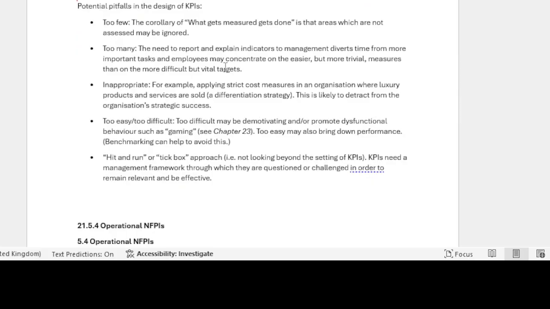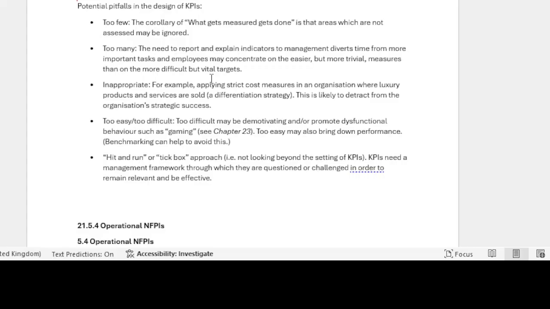So there are different pitfalls involved in designing KPIs. One of them is too few. Here we look at things that can be measured. What gets measured gets done.